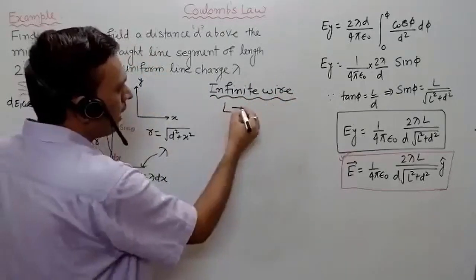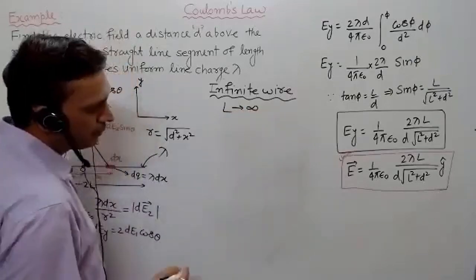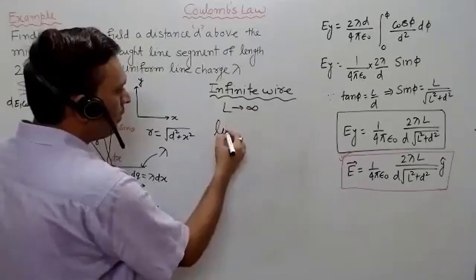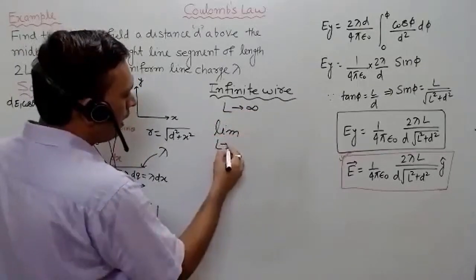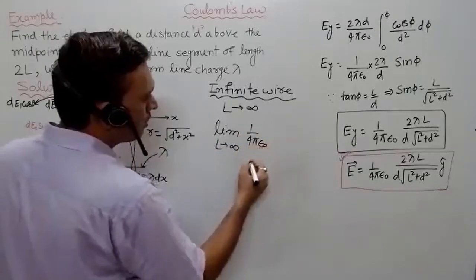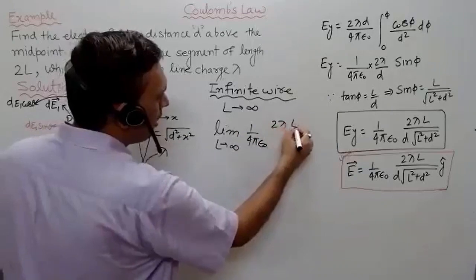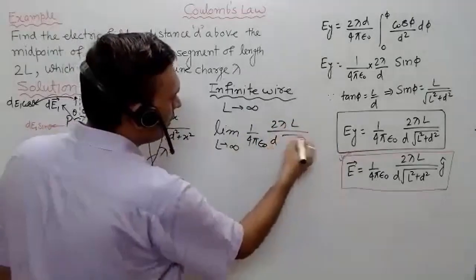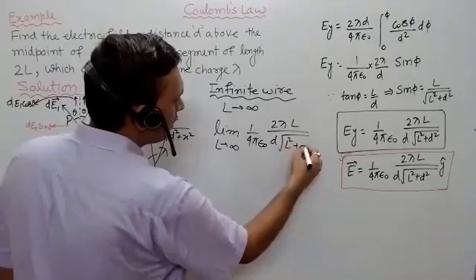In an infinite wire, L tends to infinity. So limit L tends to infinity of 1 by 4 pi epsilon naught twice lambda L by D under root L square plus D square.